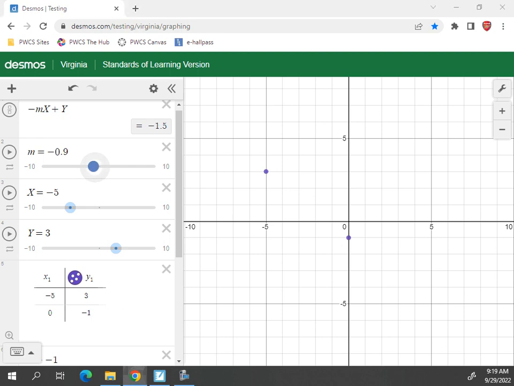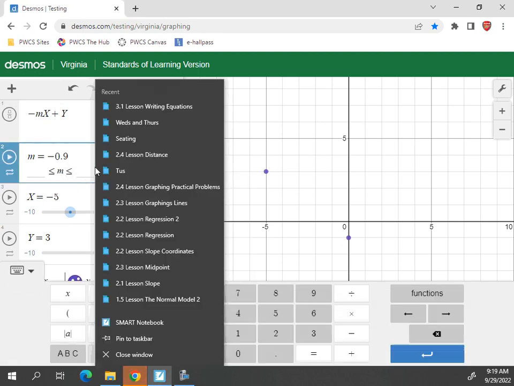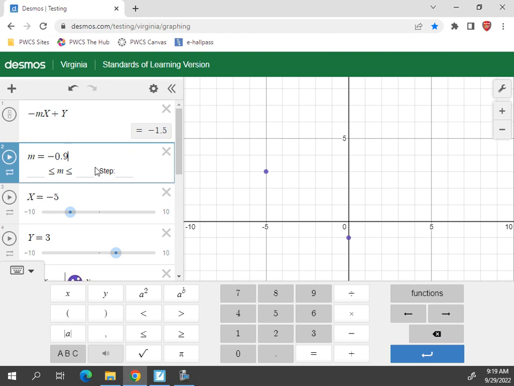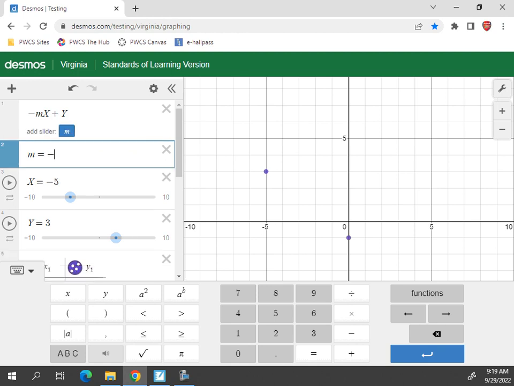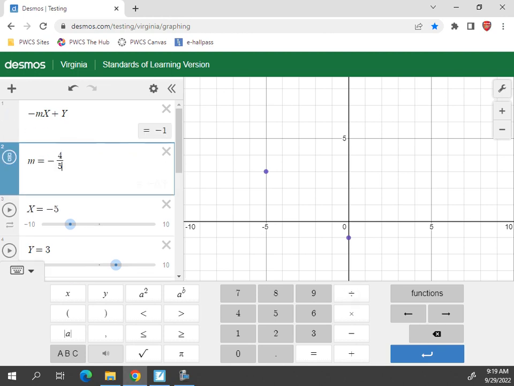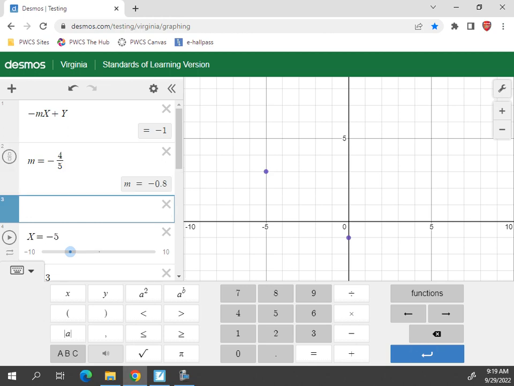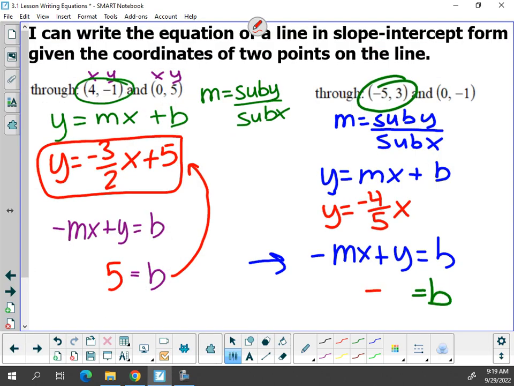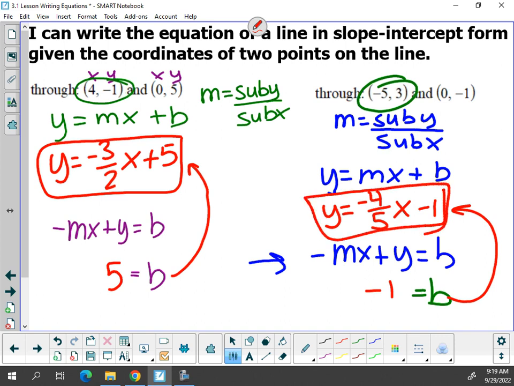If you don't know that, you can just type it in, negative 4 over 5. I'll show you that. And we get our intercept is negative 1. B equals negative 1. Pop it up here, minus 1, and we have the equation of the line. So this line will go through those 2 points.